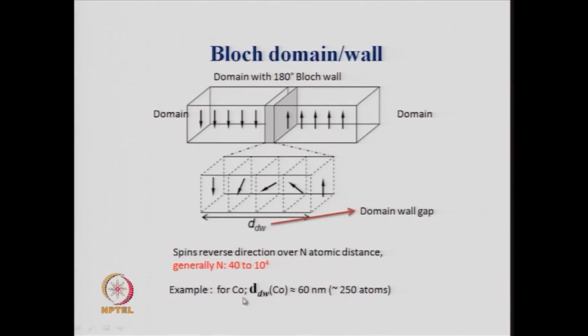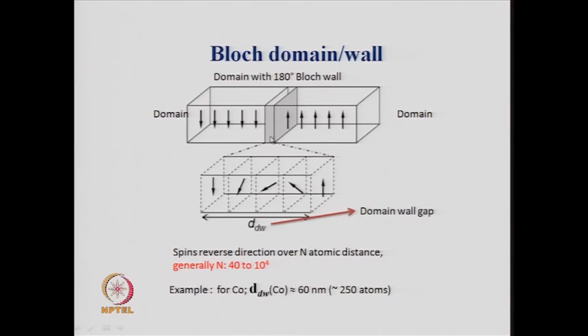So, in general for metals like cobalt, this dW is around 60 nanometers, which is approximately 250 atoms. So, over 250 atoms the magnetic vector is changing gradually and finally attains the direction which is present in the second domain.